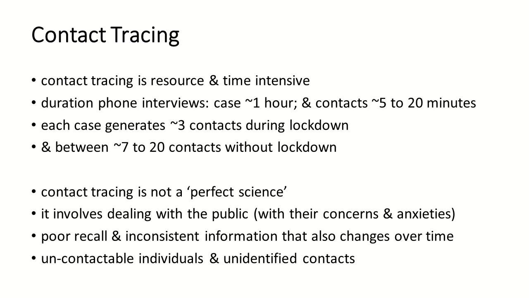So as people think about what you've asked them, if you then ring back to check things, you sometimes find that the story changes over time. And we also have the frustrations of having uncontactable individuals, so contacts whose mobile phone goes to voicemail every time, and also people who we keep hearing about who've been in contact with the case but nobody knows who they are, so the unidentified contacts.